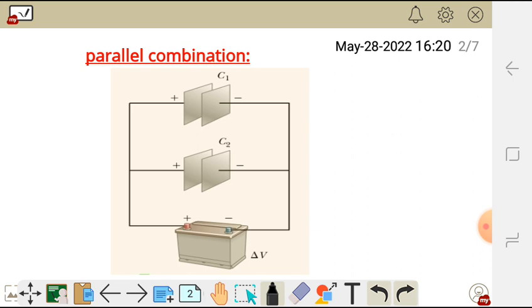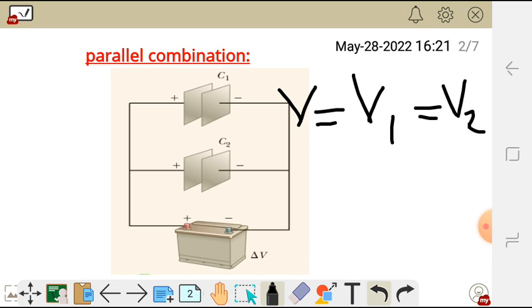So the voltage across the battery here is equal to the voltage in C2, which is capacitor 2, and in capacitor 1, that is V is equal to V1 and is equal to V2. So voltage is equal in capacitance.